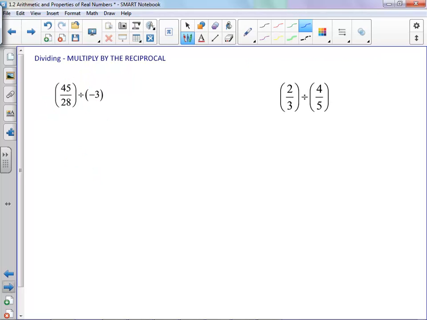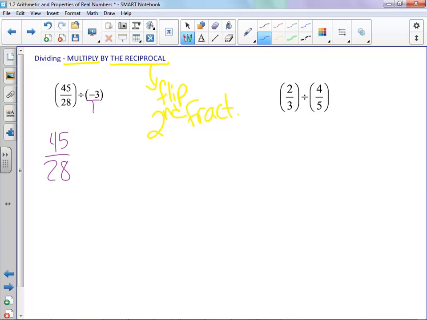When we divide, the easy way to do this is change the division to multiplication, and then you do the reciprocal, which just means flip the second fraction. So for example, in this first one, this negative 3 is over 1. So I'll have 45 over 28. Change the division to multiplication. And reciprocal means we're going to flip this second fraction, so it'll be 1 over negative 3.